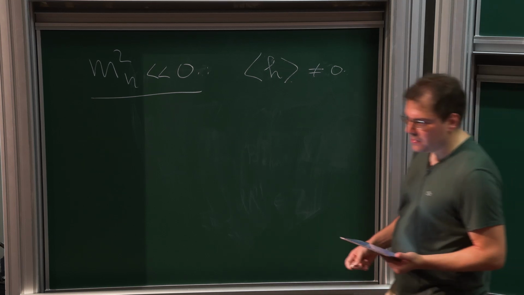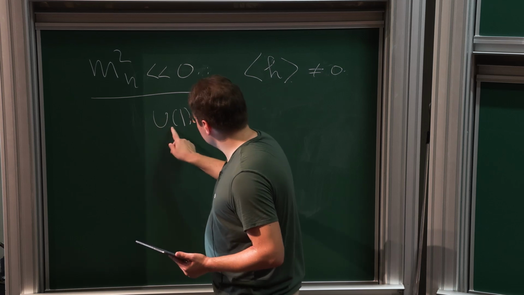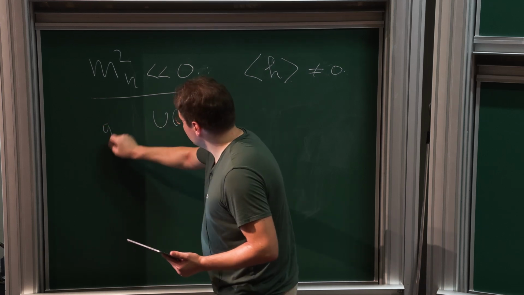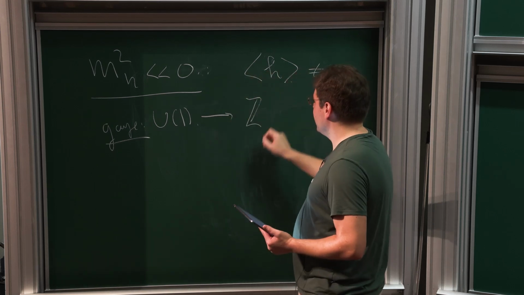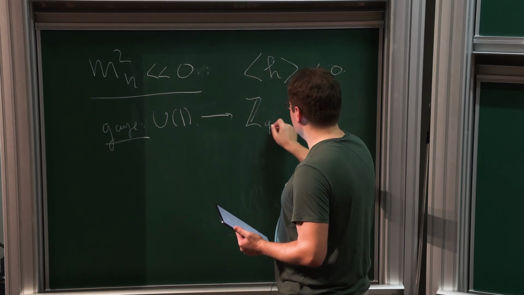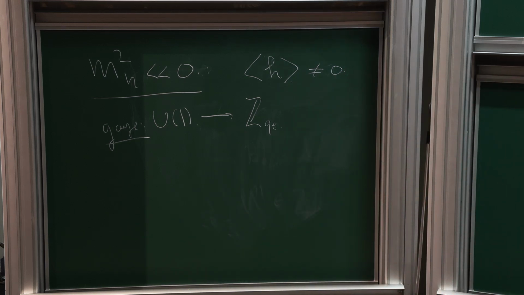It doesn't Higgs it down completely, it Higgses it down to Z_{Q_E}. So this is the U(1) gauge symmetry. In some sloppy sense, we say that the gauge symmetry is broken to Z_{Q_E}, and because this is not quite correct, we instead use the word Higgsing to sweep under the rug all the imprecision of the other statement.